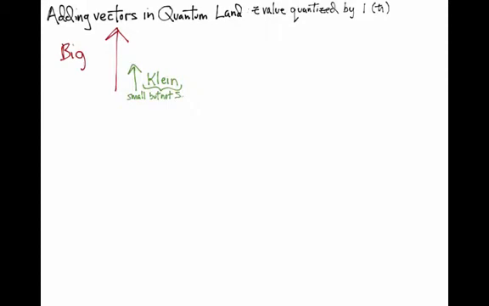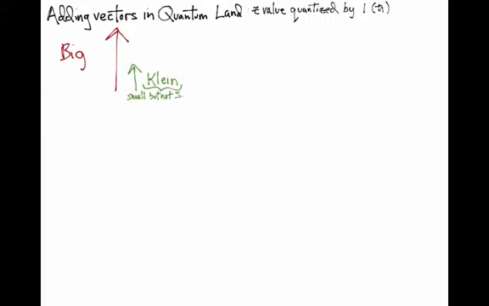So we have big and Klein here, and the big vector is the larger of the two vectors, and Klein is the littler of the two vectors. And either one of those might be spin or orbital angular momentum, or it might be some sort of intermediate calculation. It doesn't matter. These are the basic rules for adding two vectors in quantum angular momentum world when one is larger than the other.